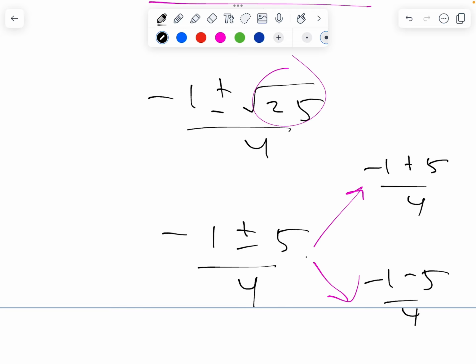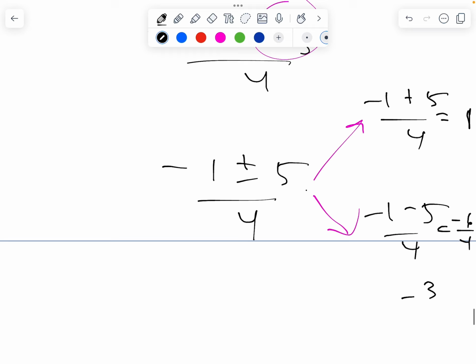And we can clean those up even more. That's going to be the same thing as just regular old 1, right? Because 5 minus 1 is 4, 4 over 4 is 1. And this right here is going to be negative 6/4, which is probably better to write as negative 3/2. So your answers are positive 1 and negative 3/2.